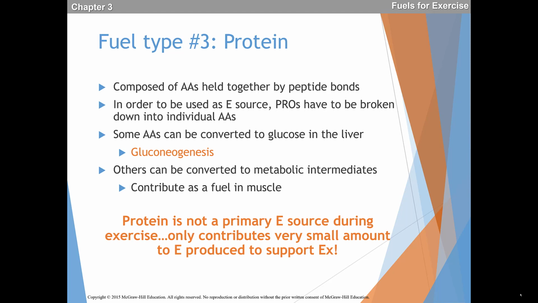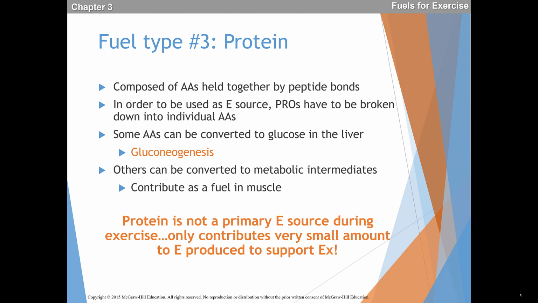It's also worth noting that we don't really talk about protein for its role in energy production all that much in exercise, because it really only contributes a very small amount of ATP to the overall amount of ATP that we use during exercise. During normal exercise situations, only about 2% of the ATP that you get comes from proteins.